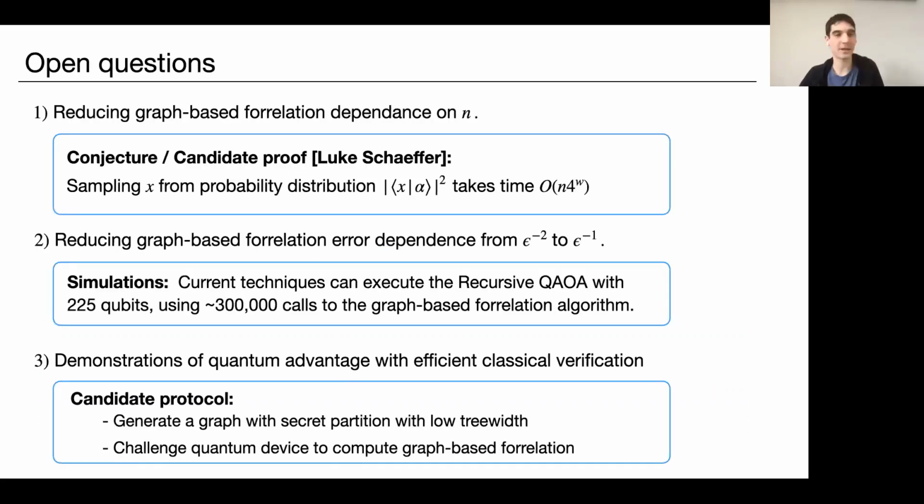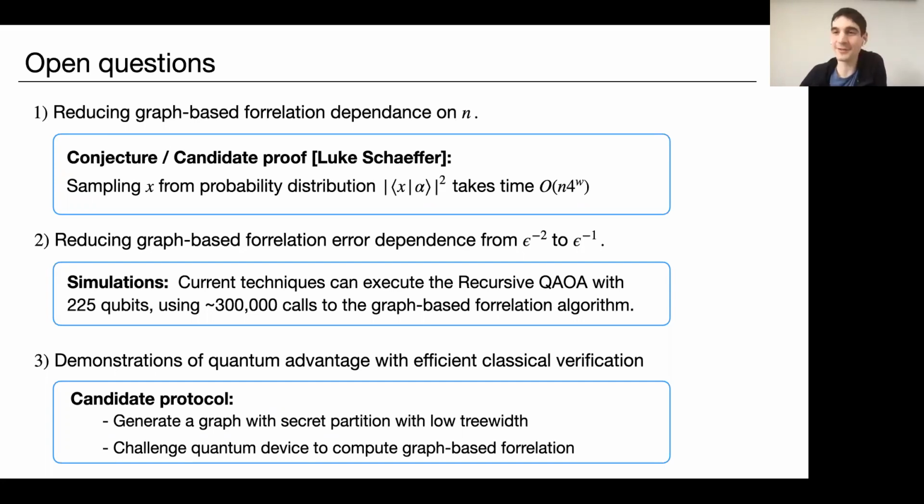So let me talk about a few remaining open questions and avenues for future work here. I mentioned earlier that the sampling step, where we're computing these marginals over and over again to do the sampling, might not be optimal. Indeed, I gave this talk to a friend and longtime collaborator, Luke Schaefer, and he noticed that you could use a technique from a previous paper of ours to probably do this sampling task more efficiently.